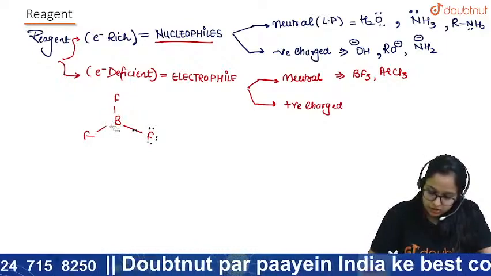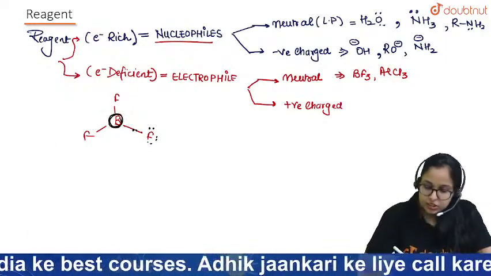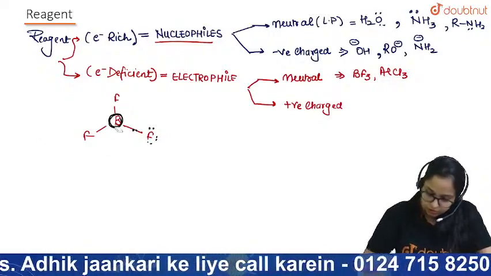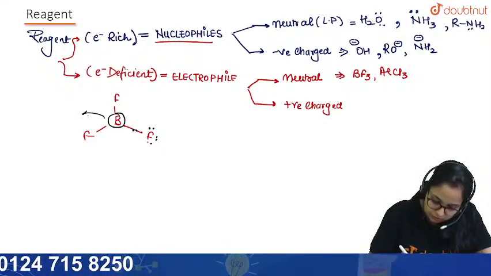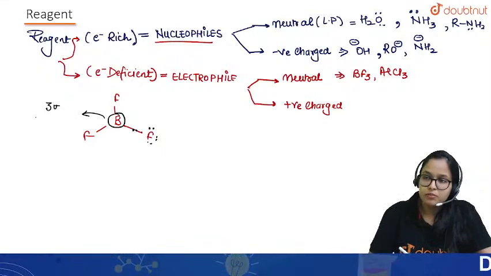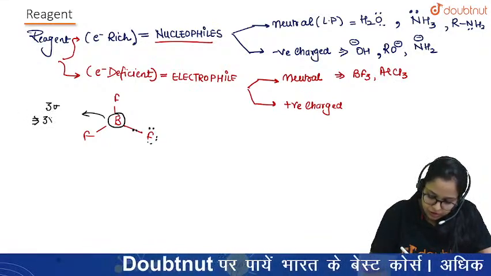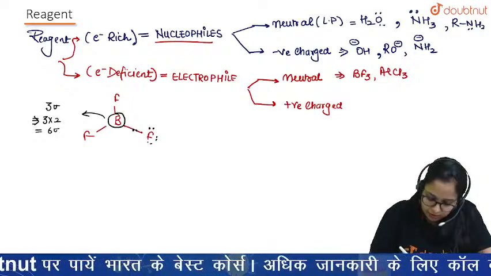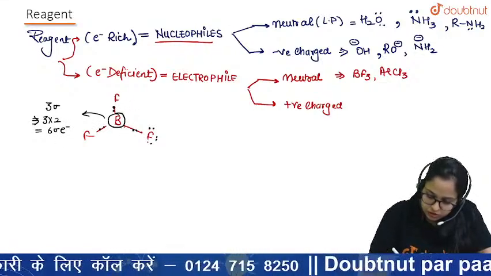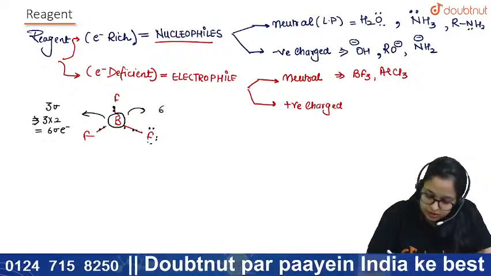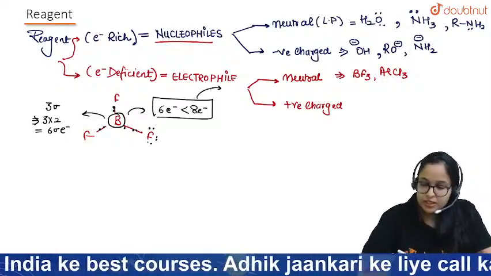But the octet of B in BF3 is not completed because it only has 3 sigma bonds, and every bond is made up of 2 electrons, so it has 3 into 2, that is 6 sigma electrons. It is a 6 electron species, the octet is not complete. It is electron deficient, hence it is an electrophile.